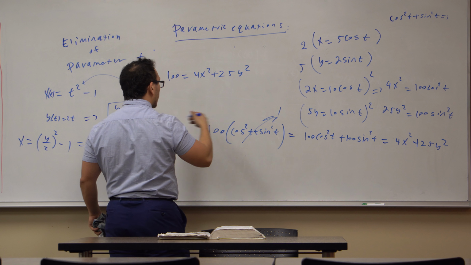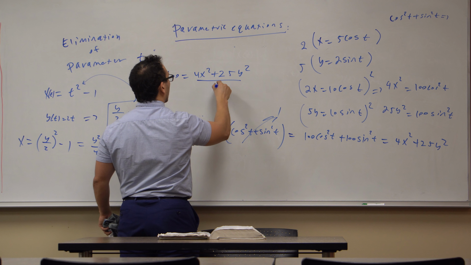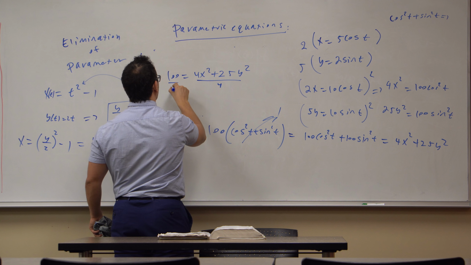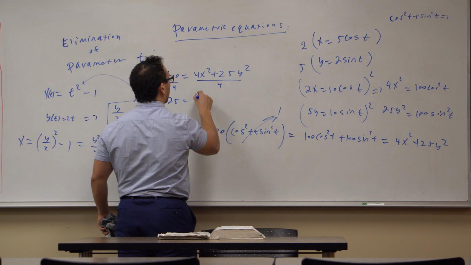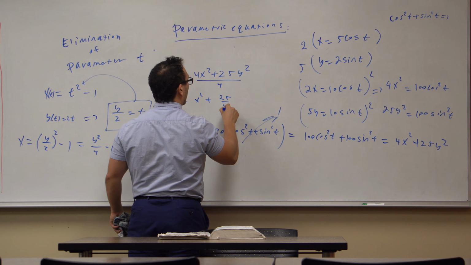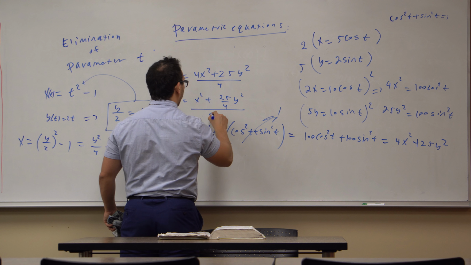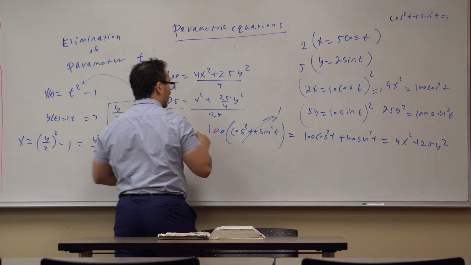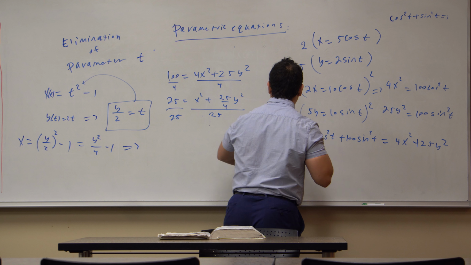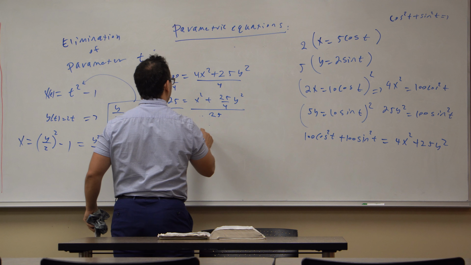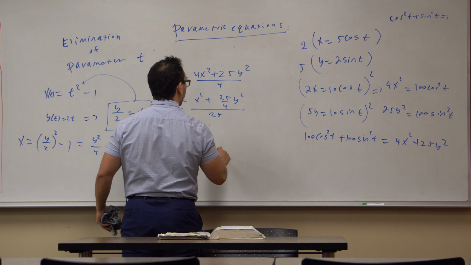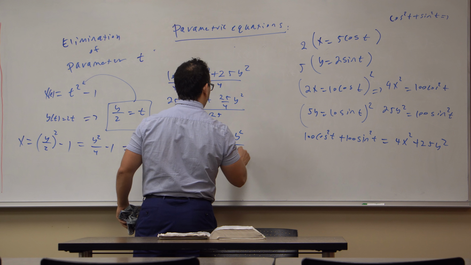Notice that dividing both sides by 4 gives me 25 is equal to x squared plus 25 over 4 y squared. And that dividing both sides by 25 results in 1 is equal to x squared divided by 25 plus y squared divided by 4.